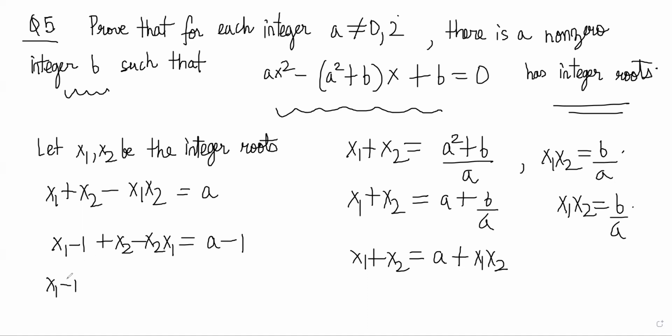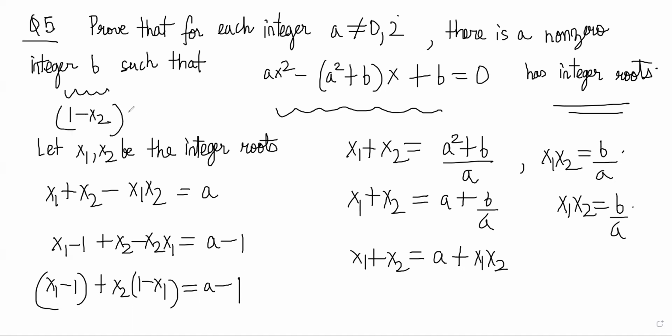We can say x1 minus 1 common, plus x2 times 1 minus x1, is equal to a minus 1, and factorizing this, I will have to take the negative of x2 here, so it will be 1 minus x2 times x1 minus 1.